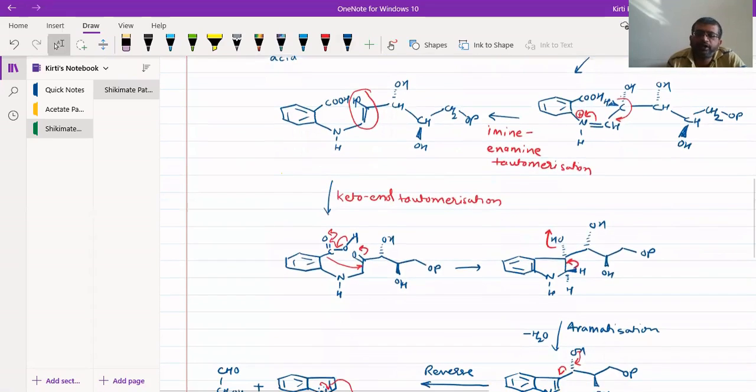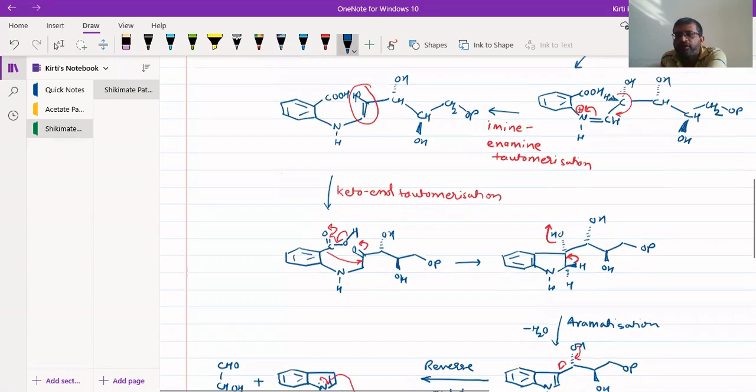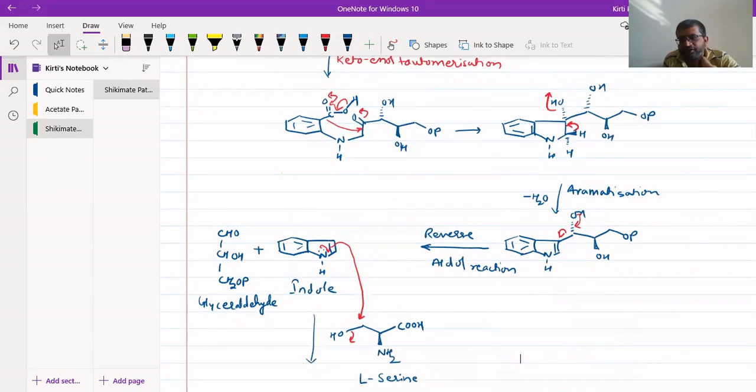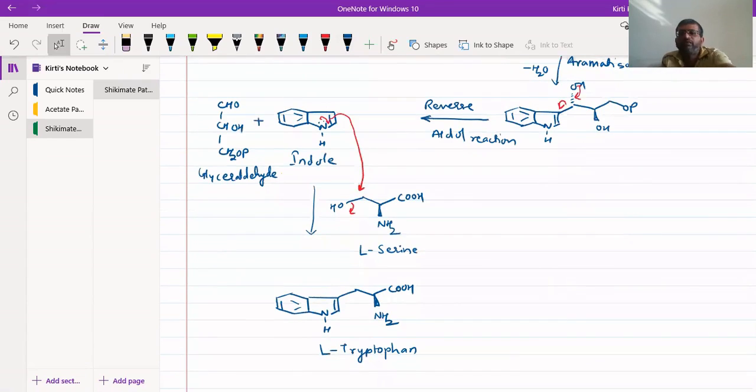Upon decarboxylation at the ortho position to the amine in the anthranilic acid derivative, it will form a cyclization with a 5-membered ring fused to a 6-membered aromatic ring. This undergoes dehydration or aromatization reaction to give an indole derivative, an indole glyceraldehyde derivative. This undergoes reverse aldol reaction to give indole and glyceraldehyde. The indole then reacts with L-serine to give L-tryptophan.